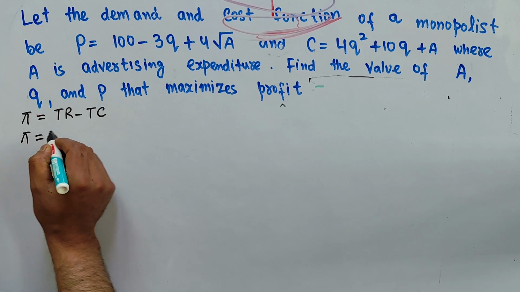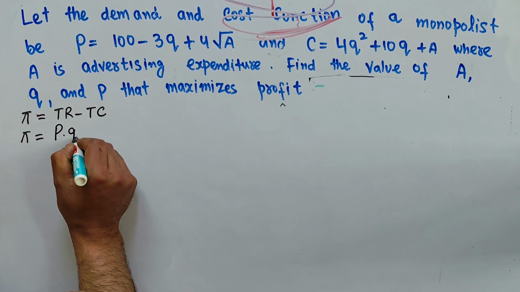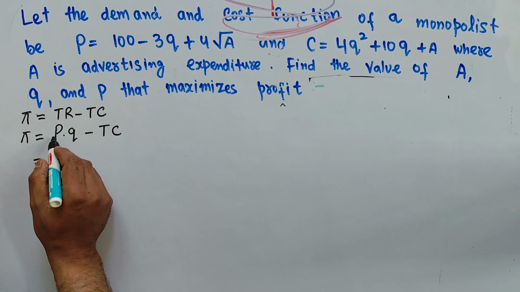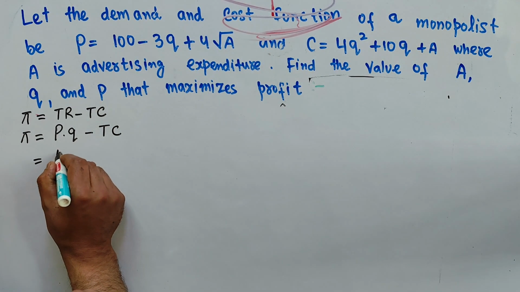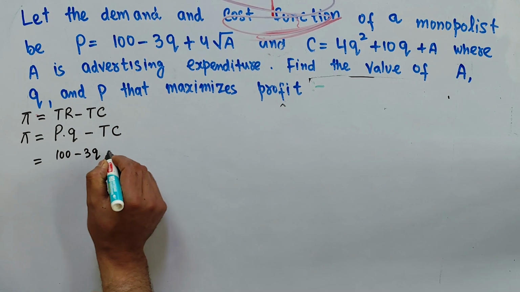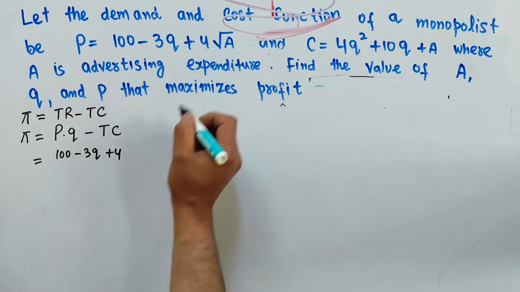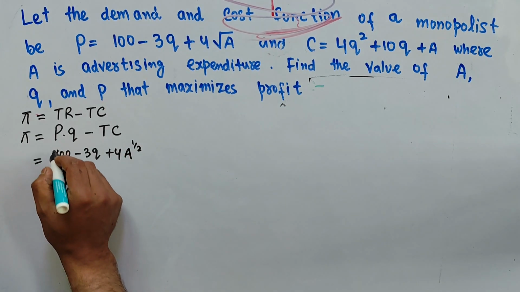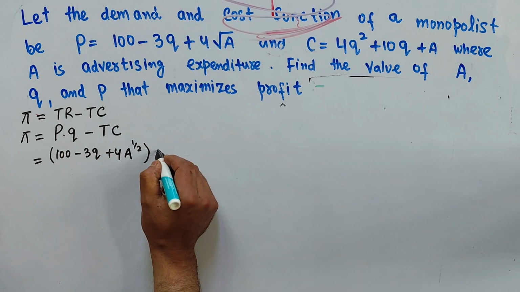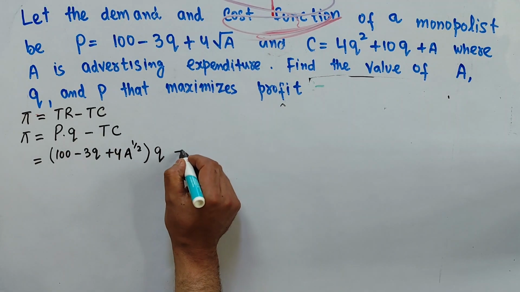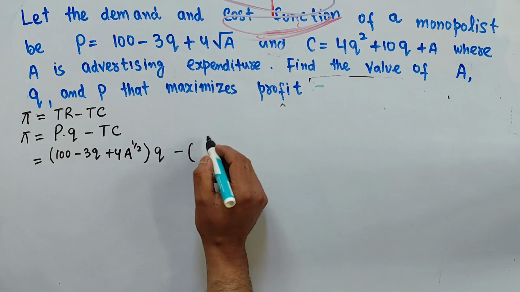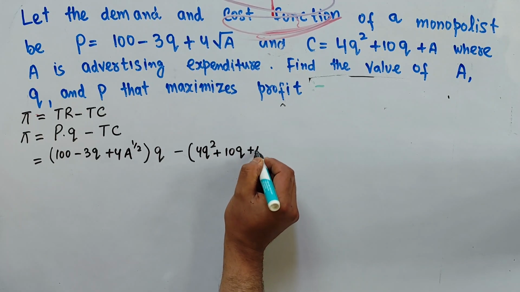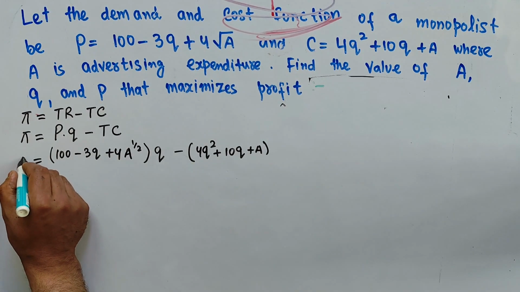That means profit equals total revenue, which is price times output, minus the total cost function. The price is given by the inverse demand function, 100 - 3Q + 4A^(1/2), multiplied by Q, minus the total cost function 4Q² + 10Q + A. This will be the profit function, and let's rearrange it.